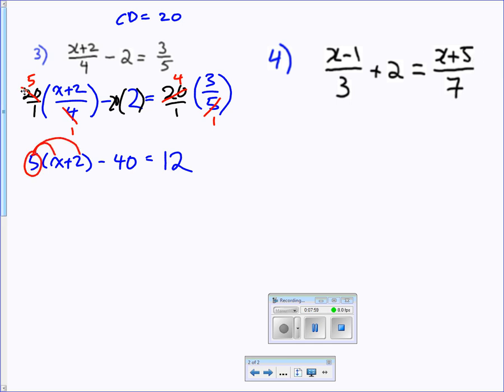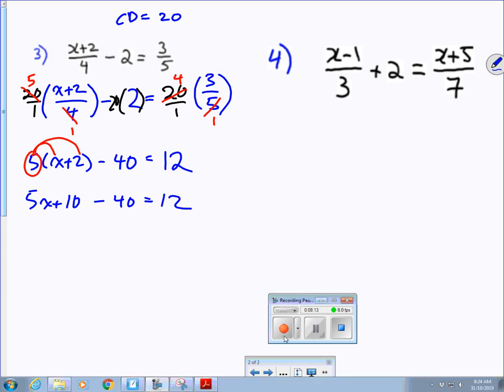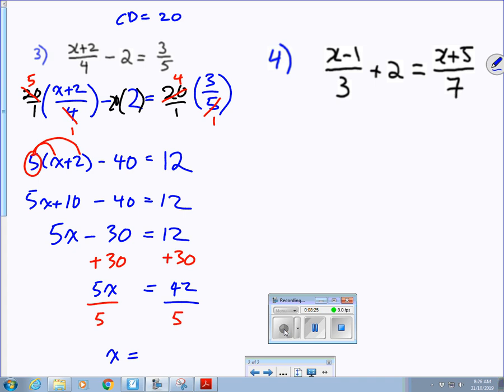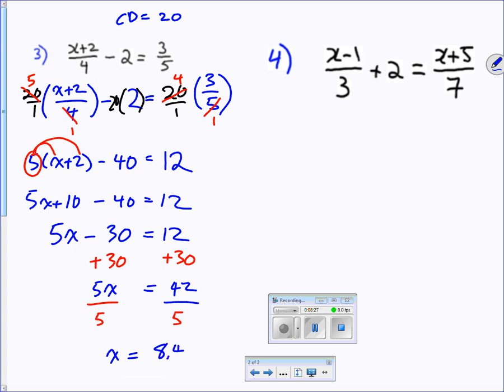So we have 5x plus 10 minus 40 equals 12. Simplify the left side. Now we continue with what we normally do: move our 30 to the other side and solve. Simplifying, we get 8.4.